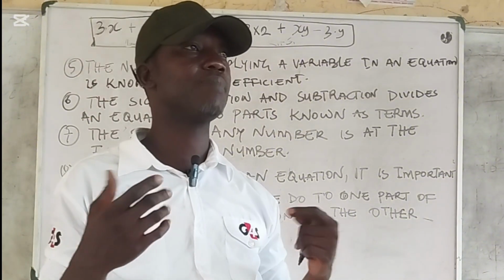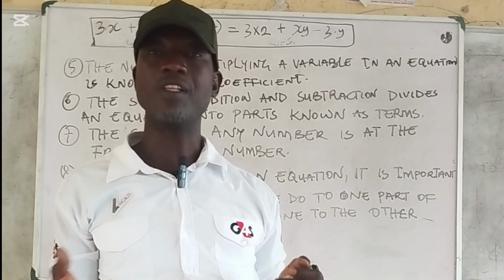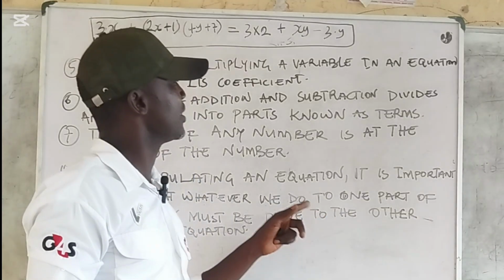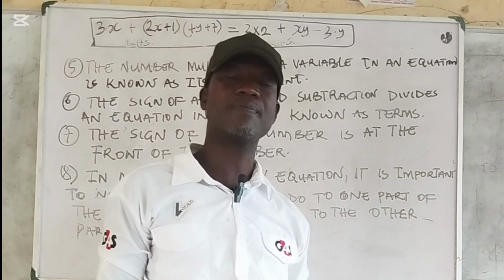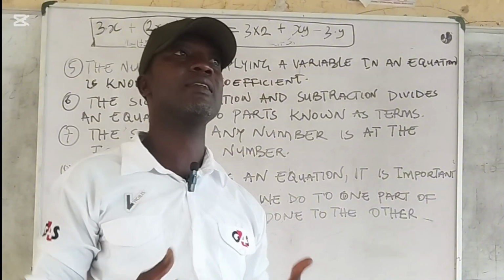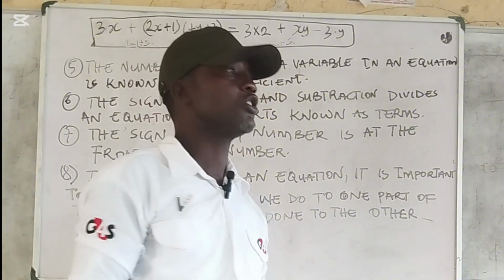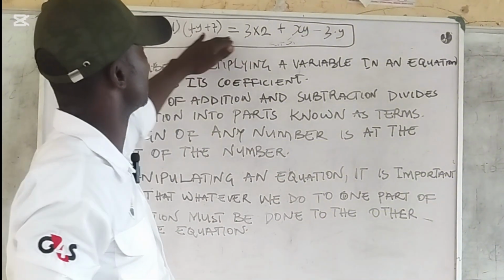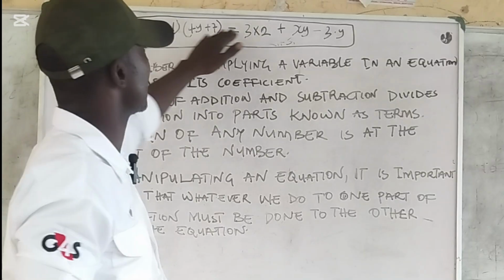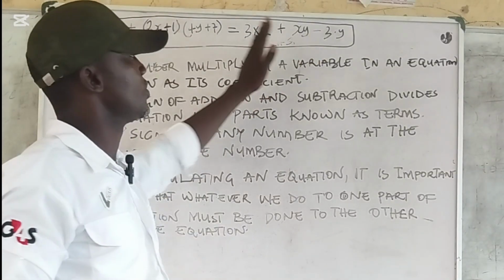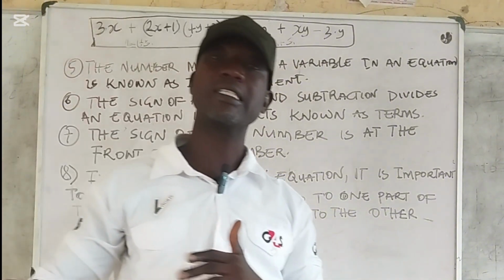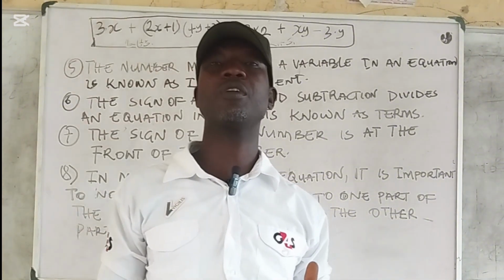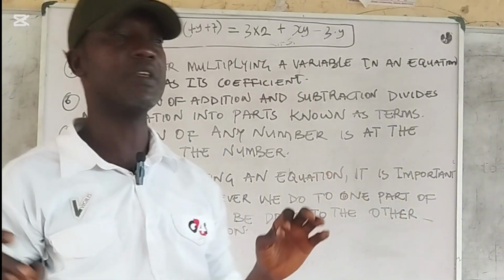They give us a better understanding of what an equation is all about. So if they ask you what is meant by the terms in an equation, just consider the equation and say where are the plus and where are the minus. So mathematical entities that are separated by plus and minus in an equation represent the terms of the equation.